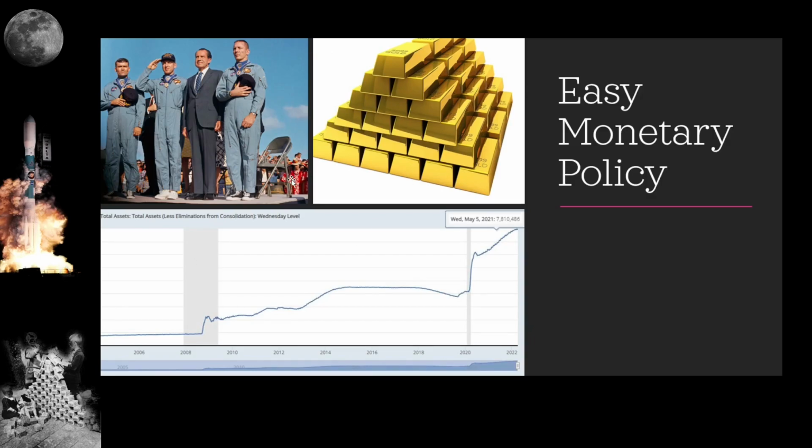And so now these images here, I've got a picture of President Nixon with the Apollo 13 crew members. And I've got this picture of these bars of gold. Now, what happened with Mr. Nixon and the gold? Well, in 1971, President Nixon eliminated what was known as the gold window.